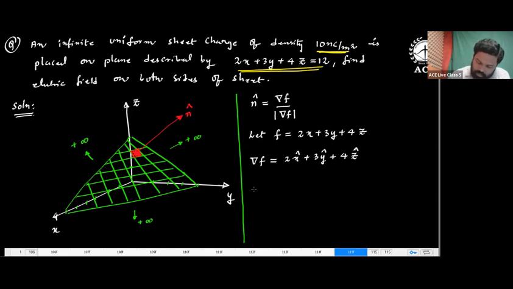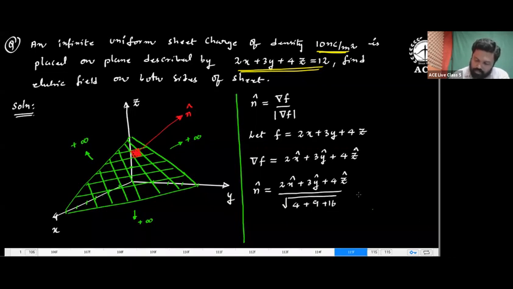So take its normal: 2x cap plus 3y cap plus 4z cap divided by its magnitude, which is the square root of 4 plus 9 plus 16, that is, square root of 29. So this is a normal.